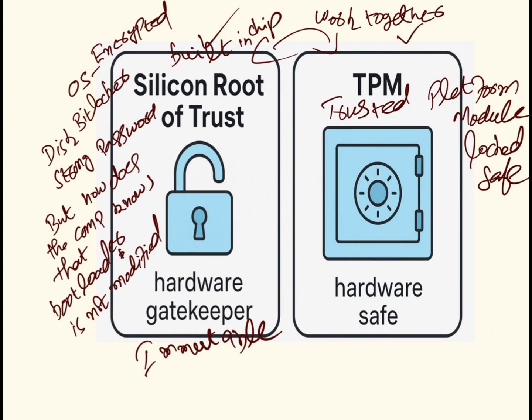Keys go in, keys never come out. Cryptographic operations happen inside the safe. If we conclude our discussion, TPM is a hardware safe for keys and measurements, as we have discussed.